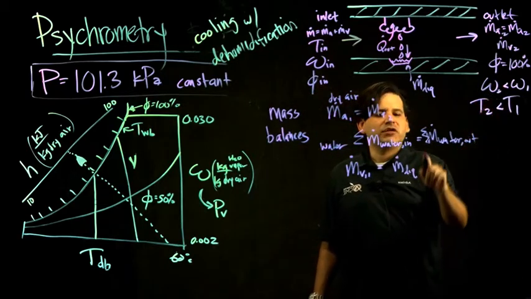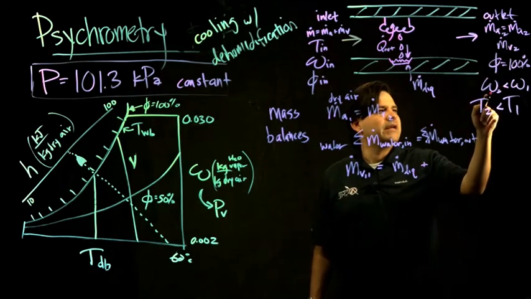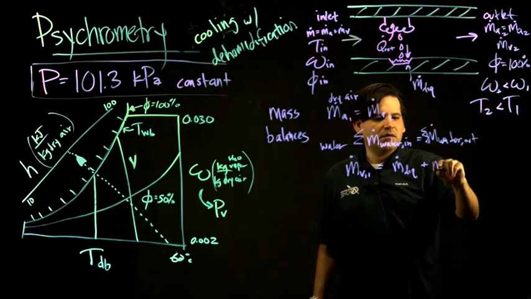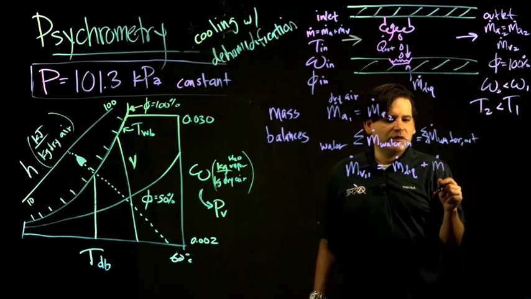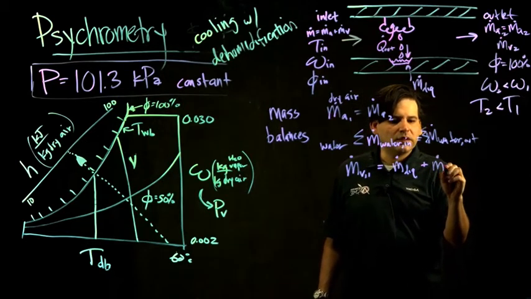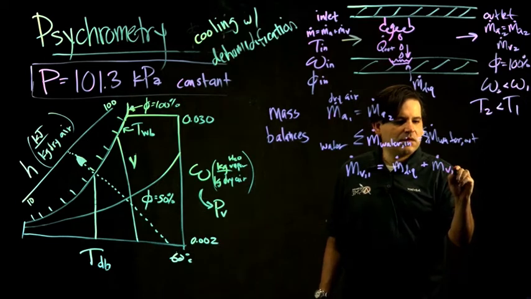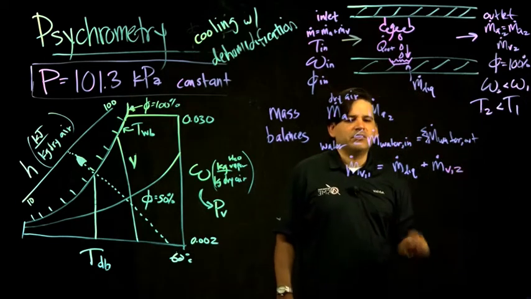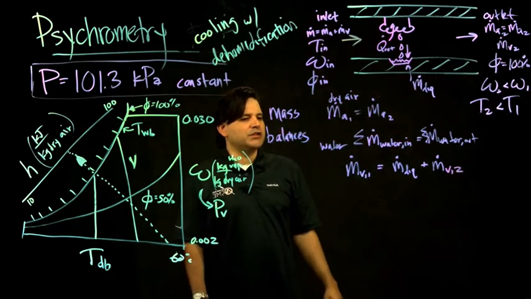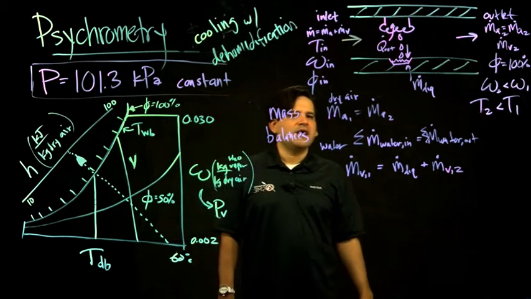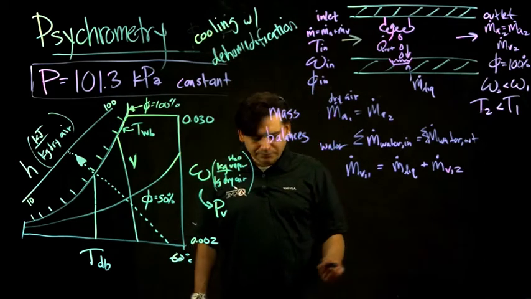That's another stream coming out: the outlet of the dehumidifier, the cooled saturated stream that has some vapor content still remaining in the air mixture. So that's your mass balance of water.